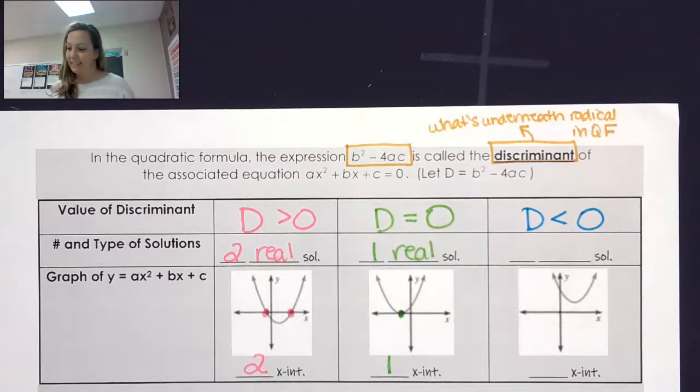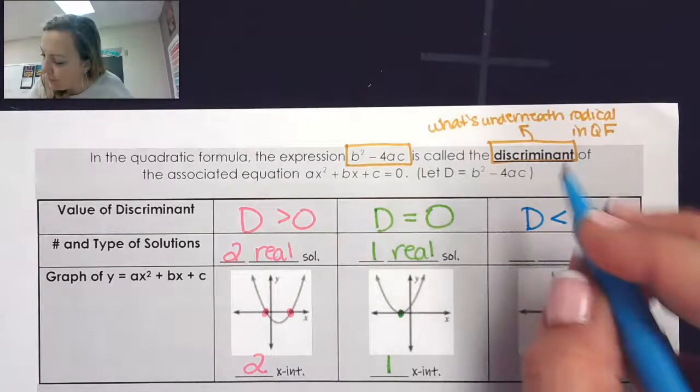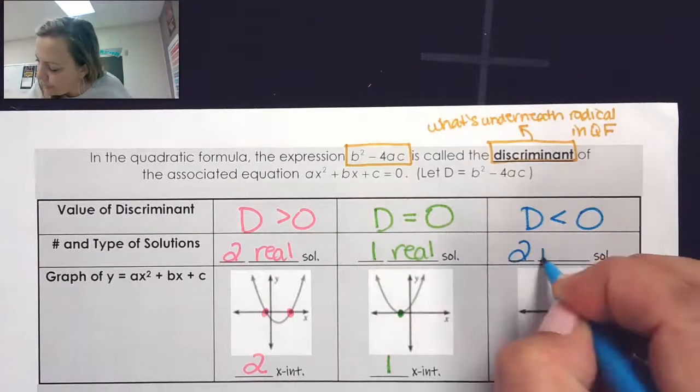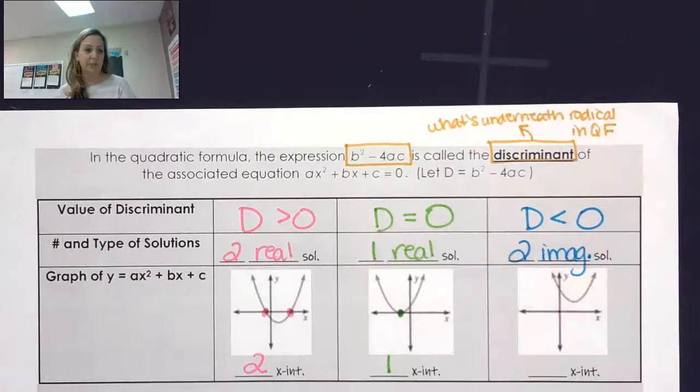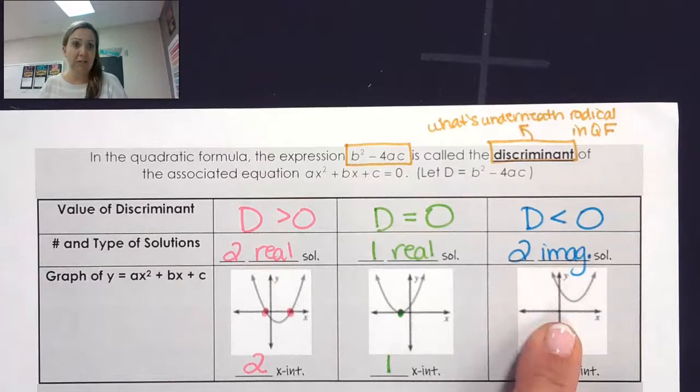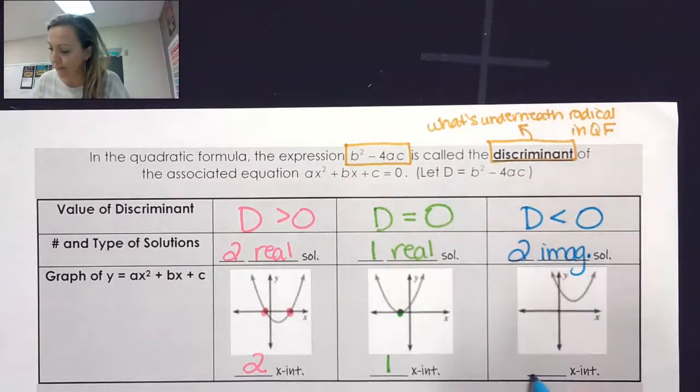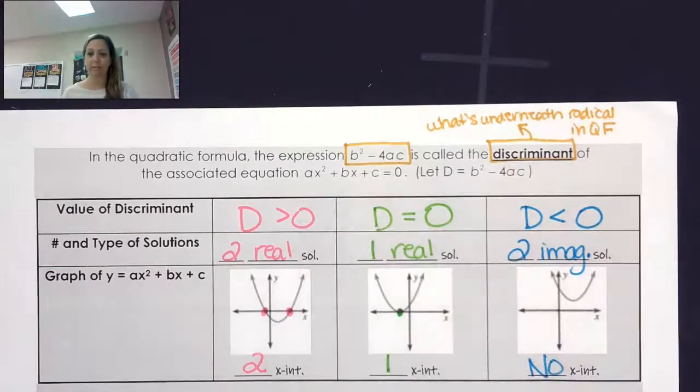And in this case, what happens is that there aren't any real solutions because we have the imaginary numbers, but instead we have two imaginary solutions or two complex solutions. And our solutions correspond to the x-intercepts, and so notice if there aren't any real solutions, there are going to be no x-intercepts in those questions.